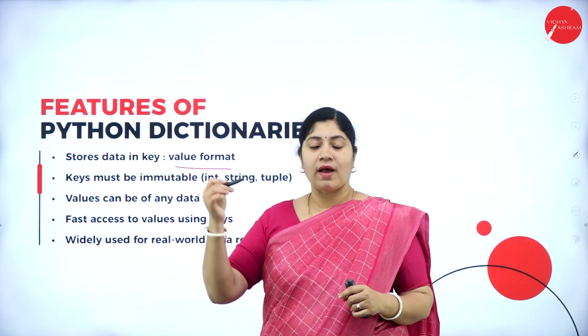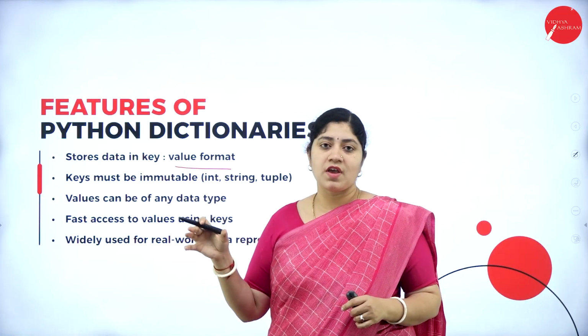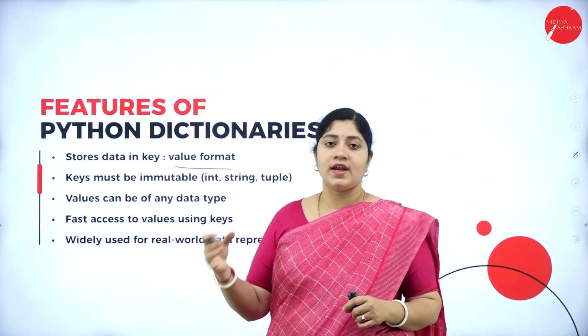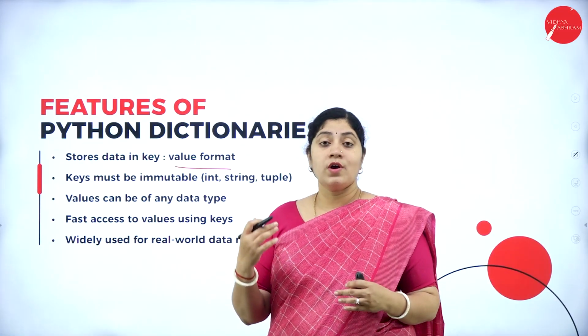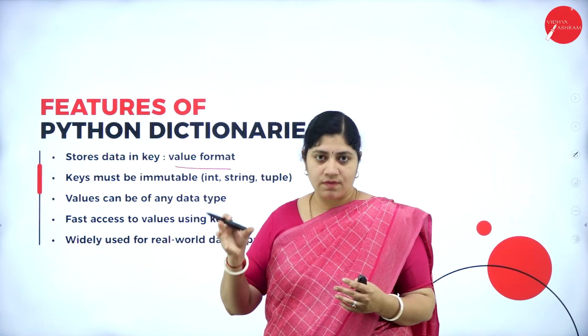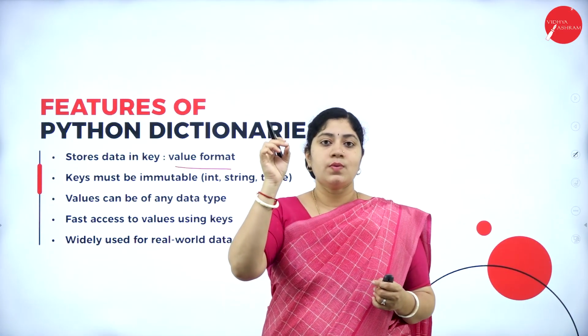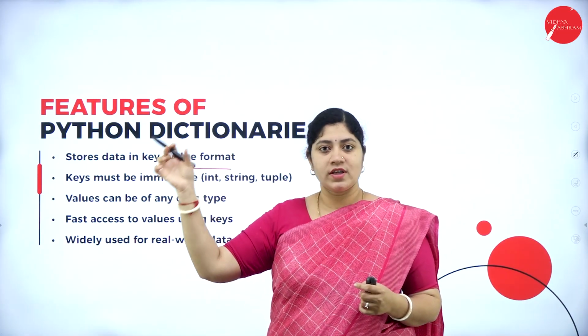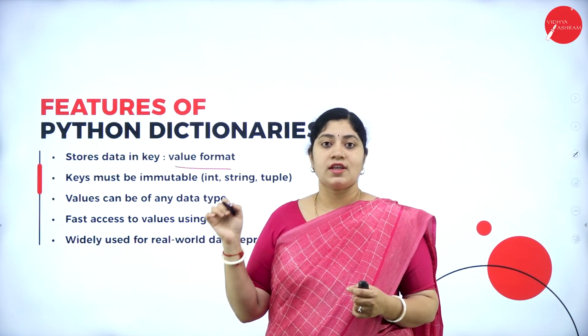And the main thing is that the values can be of any data type. There is no hard and fast rule that we have to utilize only numbers or letters, nothing like that. We can use any data type. Now, if I want to access any value, I can easily do that because I can go with the key which is holding that value and directly access that information.